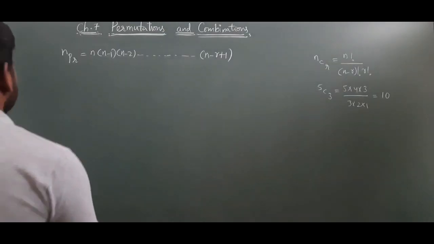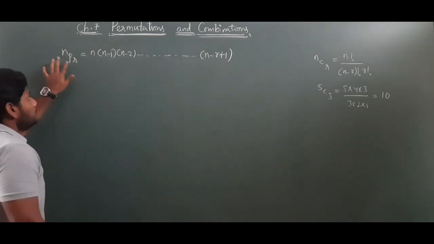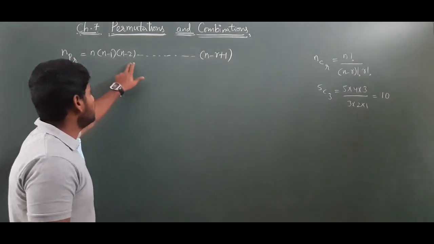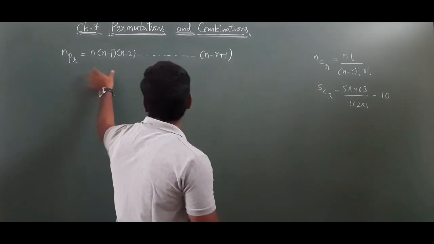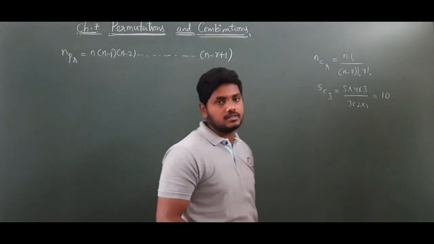Now, we know that NPR is equal to n into n minus 1 into n minus 2, so on up to n minus r plus 1. Now how can we convert this formula in terms of factorials, right?